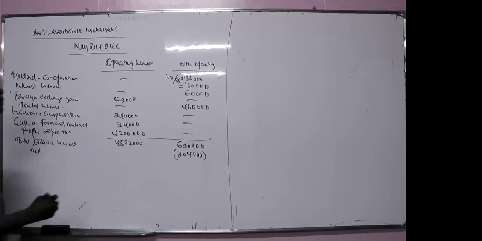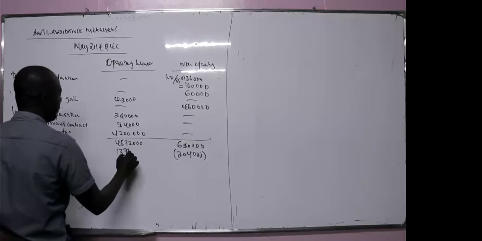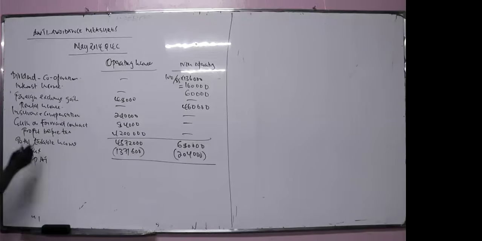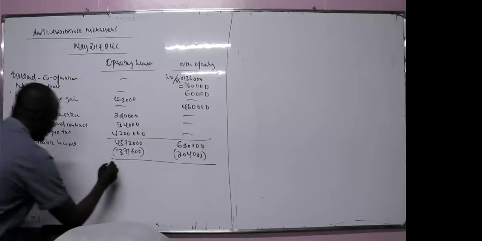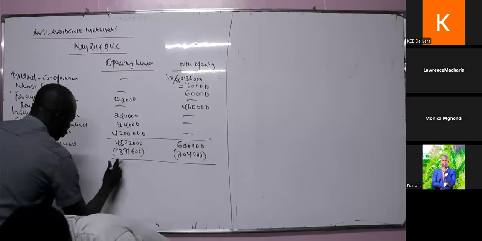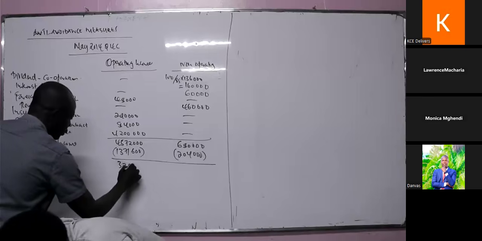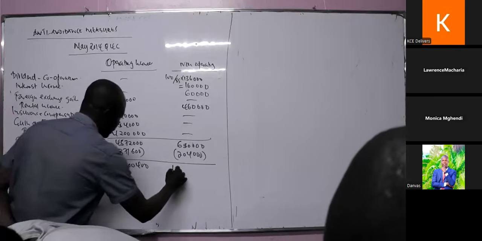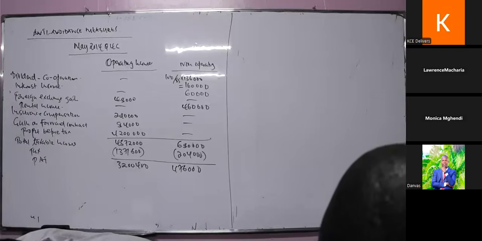This other one, 1,371,600. And then here we have profit after tax. 32,400. And the other one, 476,000, isn't it? That is profit after tax.